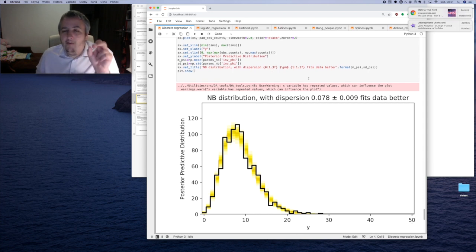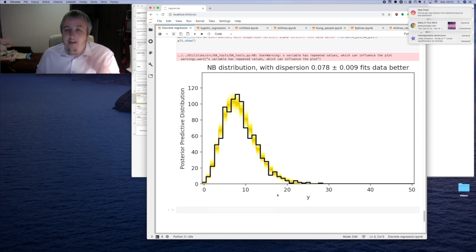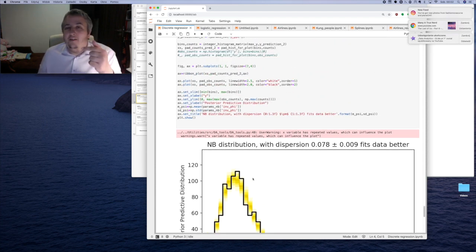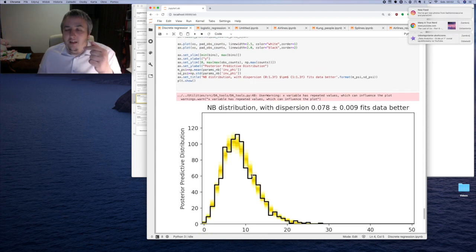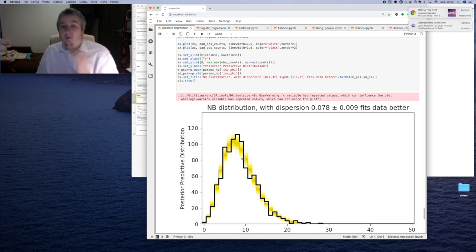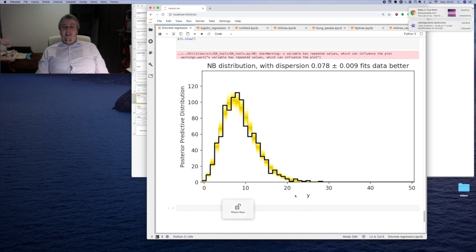So it's a small, more concentrated value. It shows us that the systematic differences are lost, because now our model is a bit dispersed in comparison to the original Poisson distribution, and because of that it fits our data rather well.